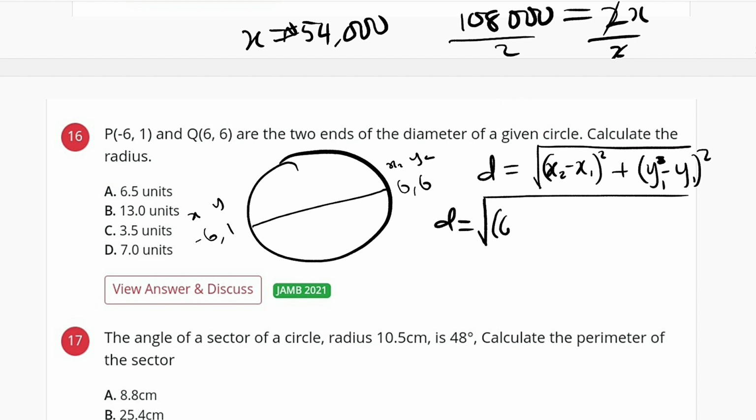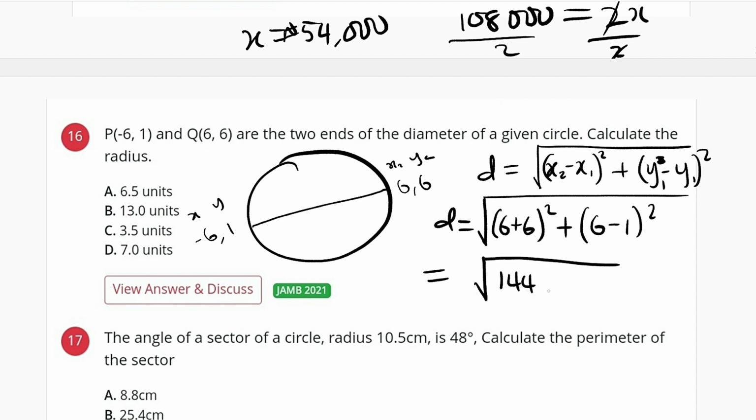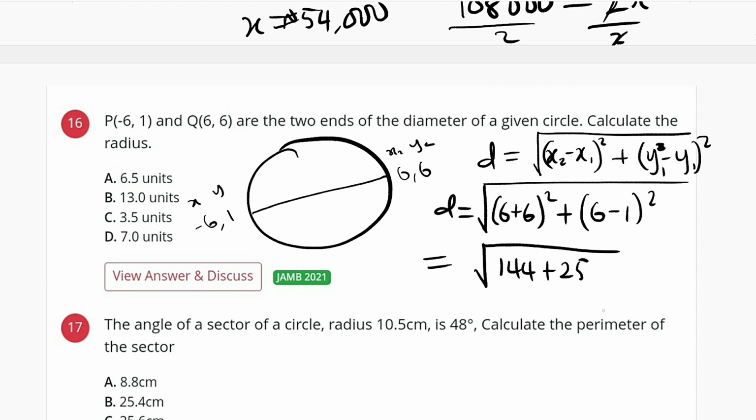So we have 6 minus minus, so it becomes plus 6 all squared, then plus the next one, y2, which is 6, then minus y1, which is 1. This is squared. This is equal to 6 plus 6 is 12, 12 squared is 144, plus 6 minus 1 is 5, and 5 squared is 25. This is 169, square root of 169, and square root of 169 is 13.